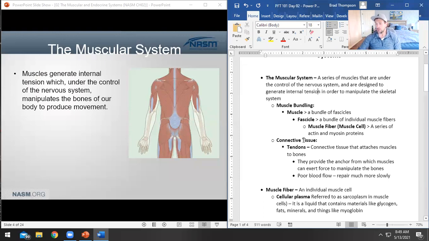So that's the arrangement here, right? And it's all under the control of nerves. There are nerves that come down and insert onto your muscle's belly. And then that sends a signal, which will trigger that contraction to happen, and it'll drag that bone around. So they are generating their own tension internally, and that manipulates our skeletal system to move it around.